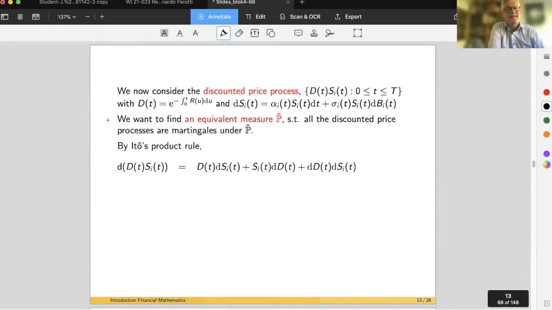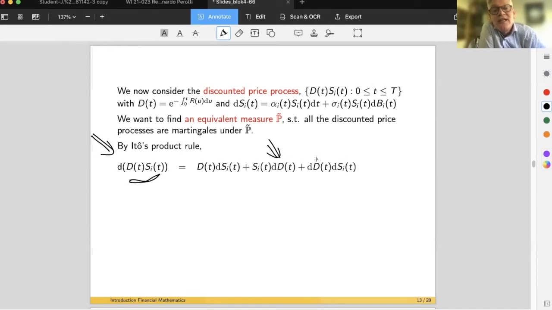So if we look at this discounted price process, the change in discount term D(t) times S_i(t), we look at that with the help of Ito's product rule. So it is D(t) dS_i(t) plus S_i(t) times the change in the discount plus the change in the discount times the change in the stock price process.